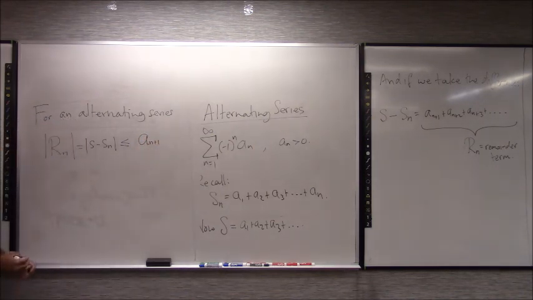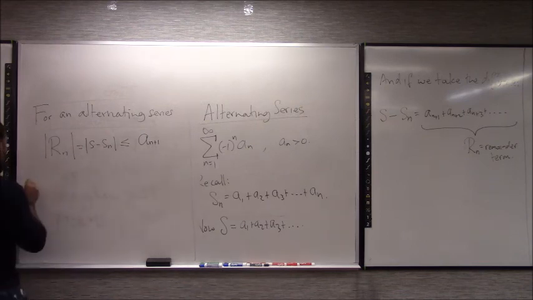So it turns out that in an alternating series, if you add up a bunch of terms, the size of the very next term is actually going to tell you how close you are to the actual answer. Which might seem a little bit crazy, but that's actually true.